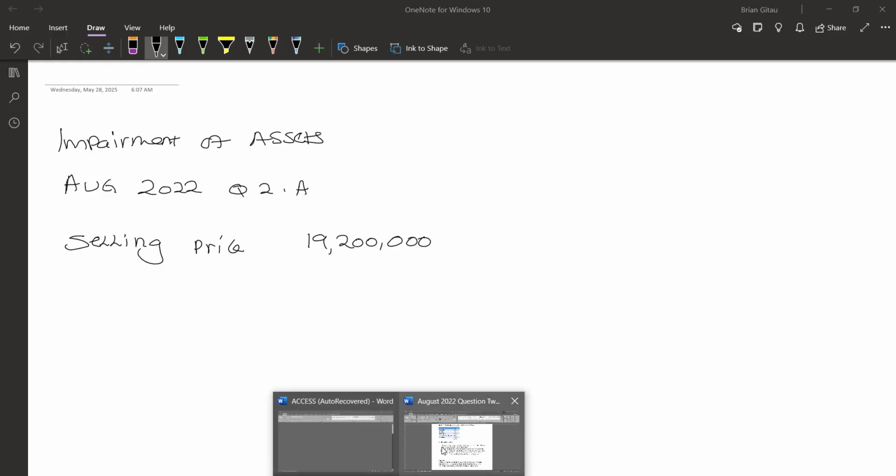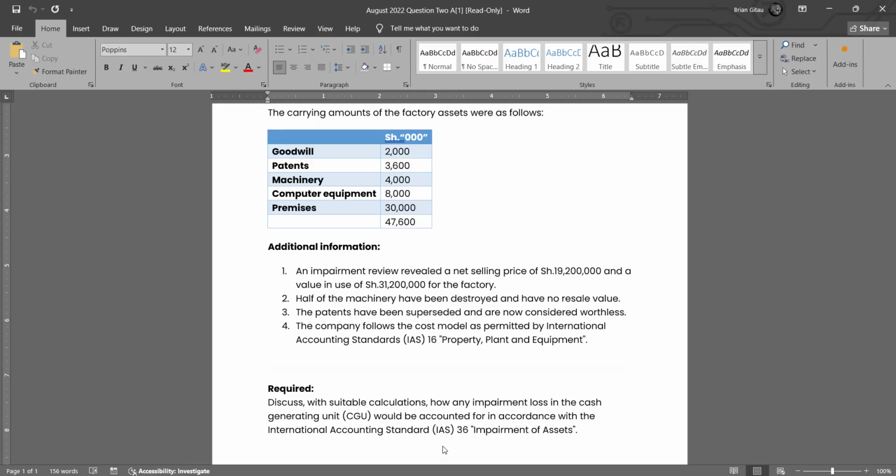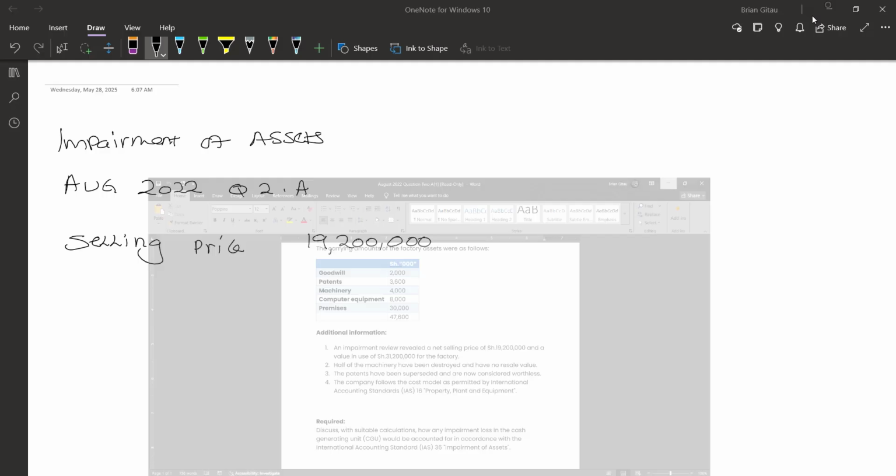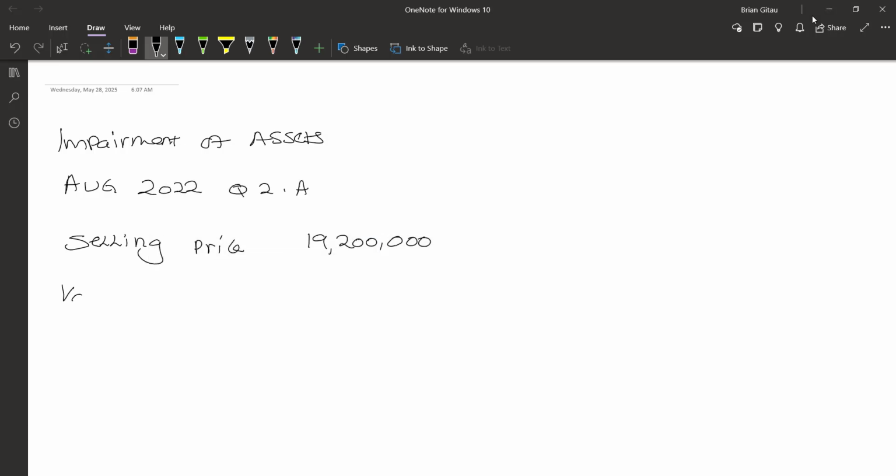We are also told that the value in use is 31.2 million, and now let's go ahead and compute the recoverable amount.